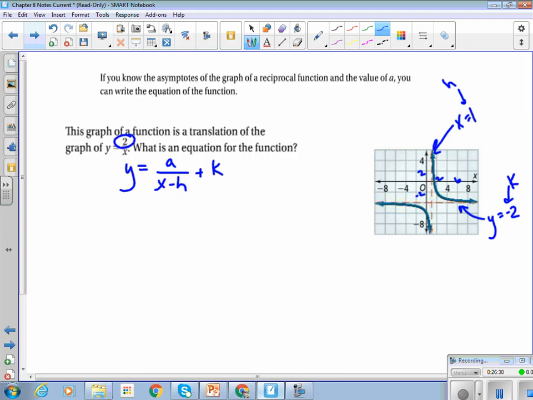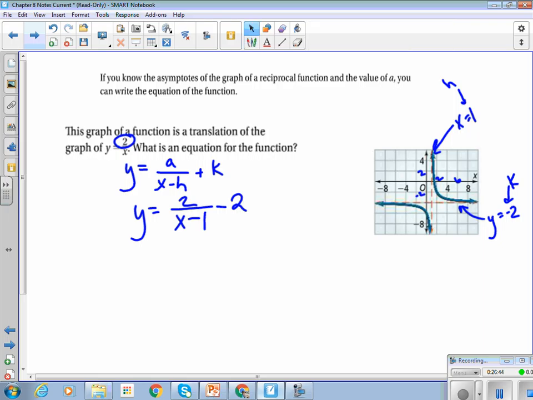They give us this part here. They give us that a is 2. So when it asks us what the equation is, we look at the asymptotes, we find h and k, and we plug those into our equation.